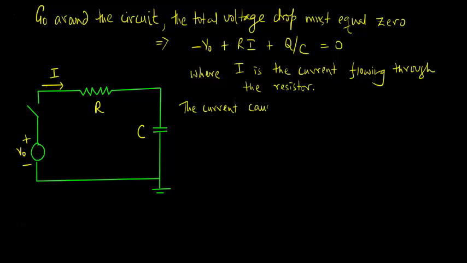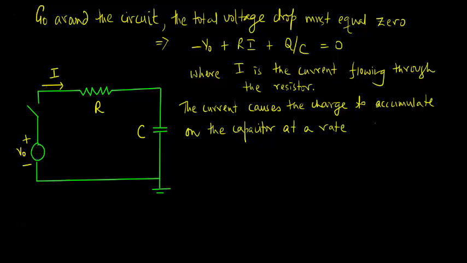The current causes the charge to accumulate on the capacitor at a rate Q dot is equal to I. This gives us minus V naught plus R Q dot plus Q divided by C is equal to 0.